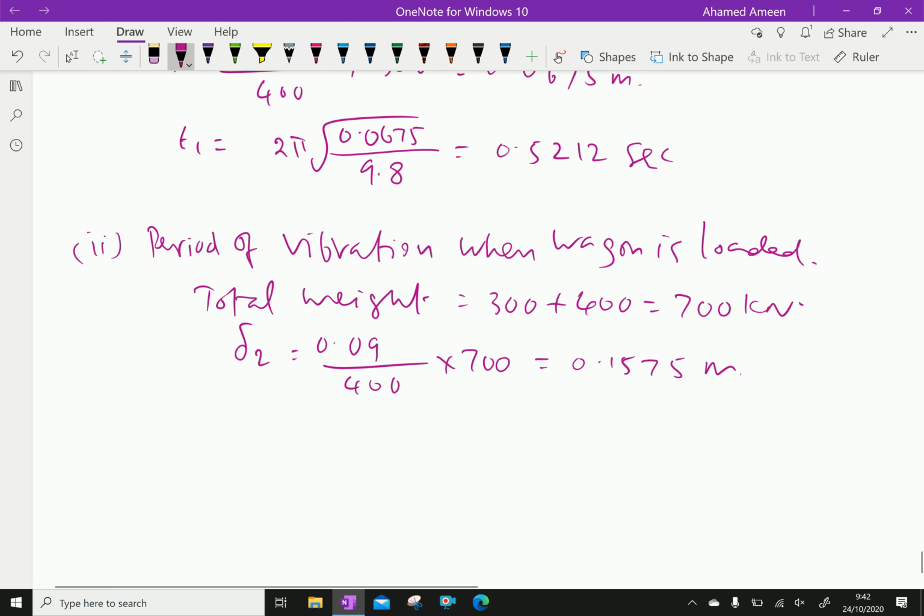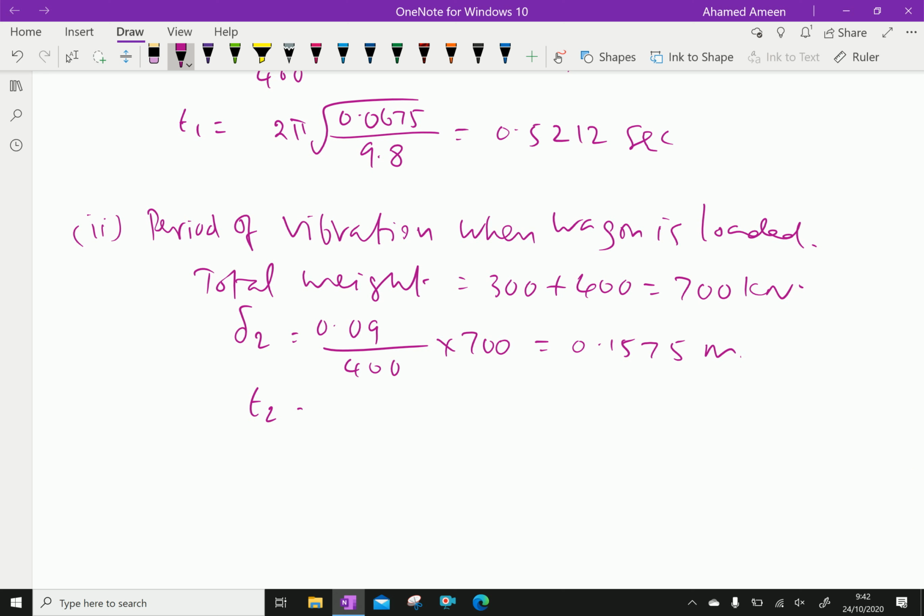Now time period for this deflection T2 is 2 pi into square root of 0.1575, delta 2, over 9.8, which gives 0.7961 seconds.